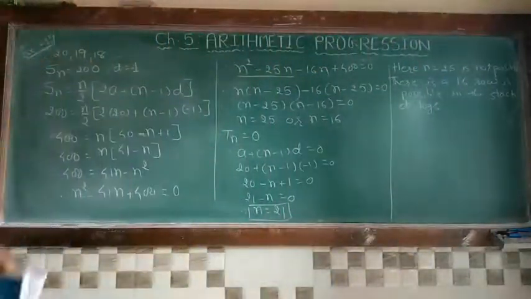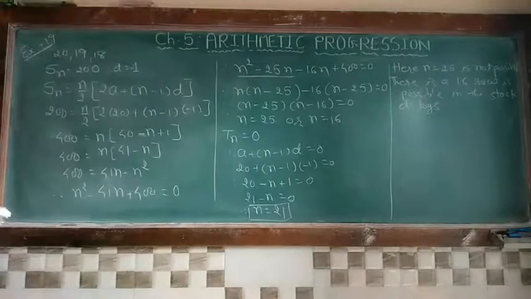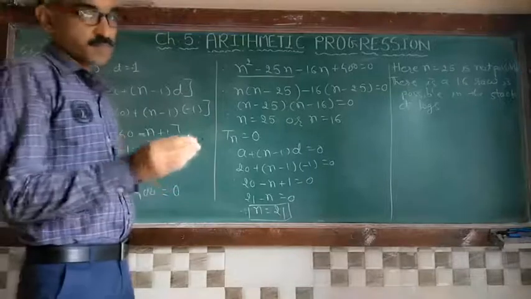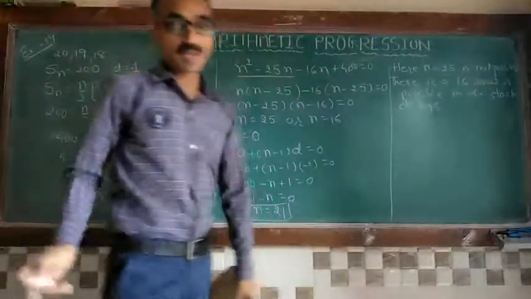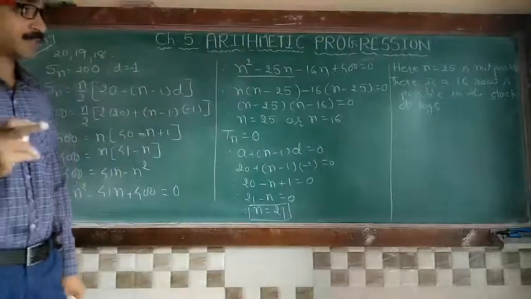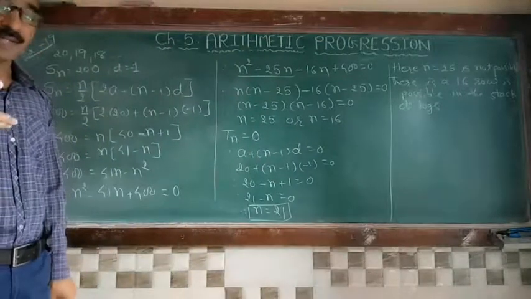Okay, now you have to find how many logs are there in the top row. That means you have to find the 16th term. You have to find the 16th term, that means how many logs are in the last row.